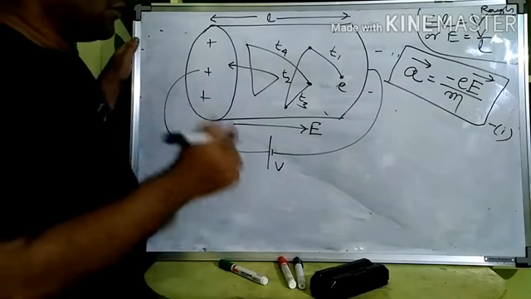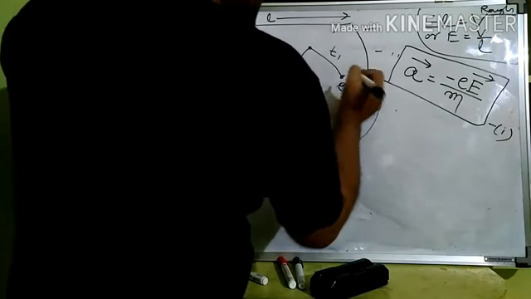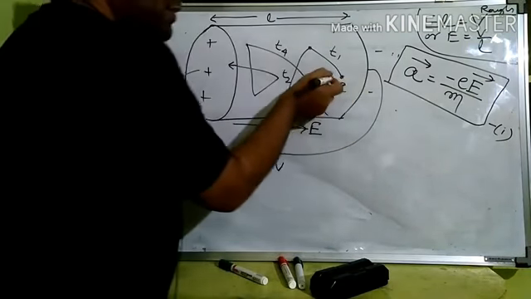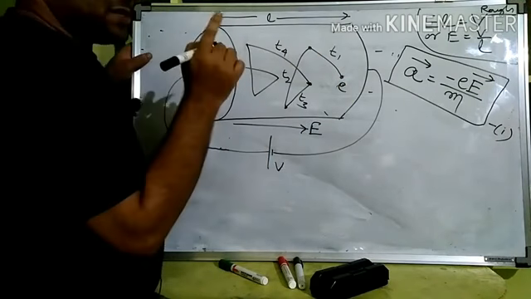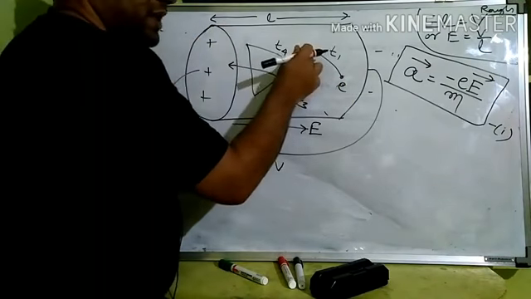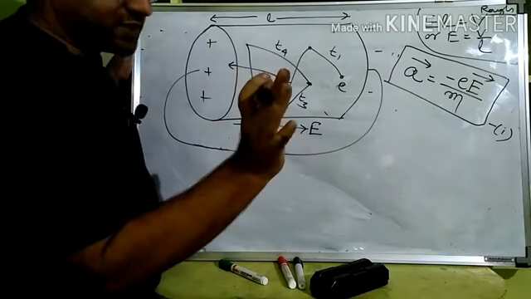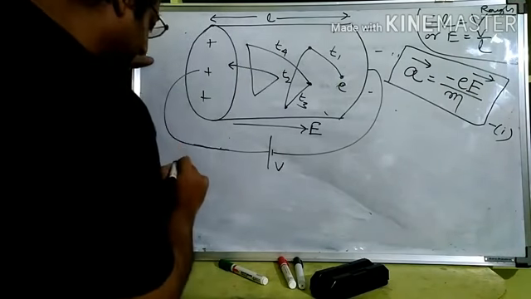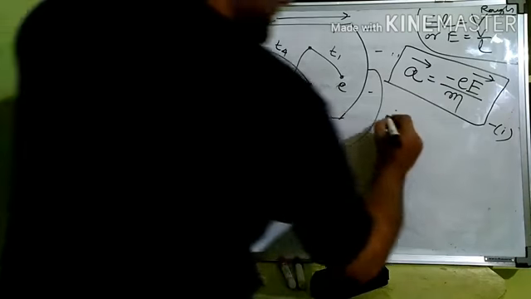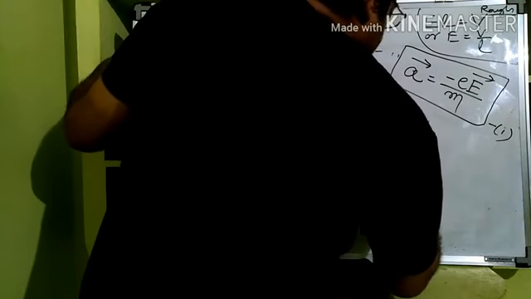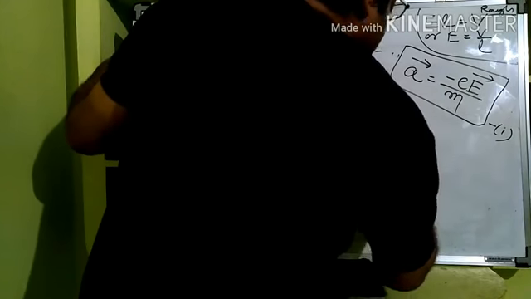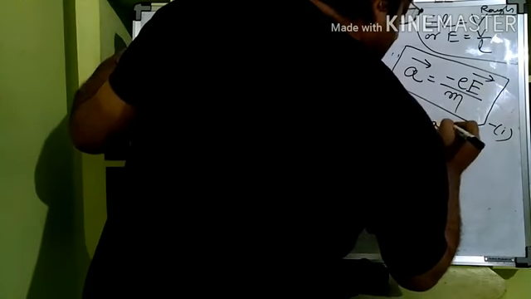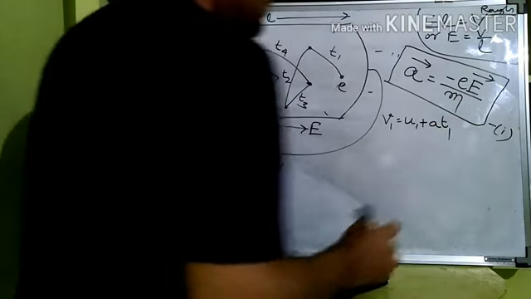Now, for the first one, when it is moving with speed U1 and reaches final speed V1, after the collision that becomes 0 for some time, but it reached from U1 to V1. What can we write? V1 is equal to U1 plus A T1.